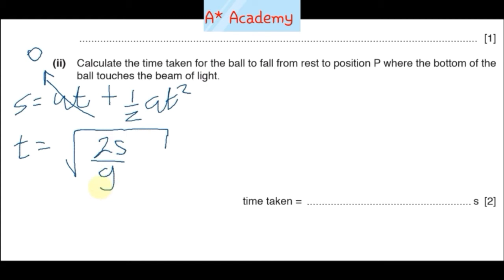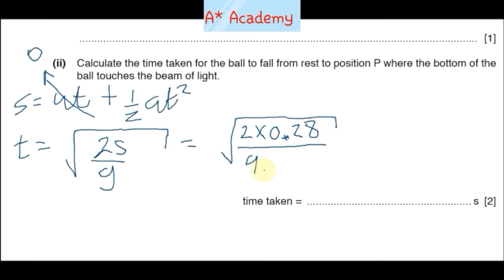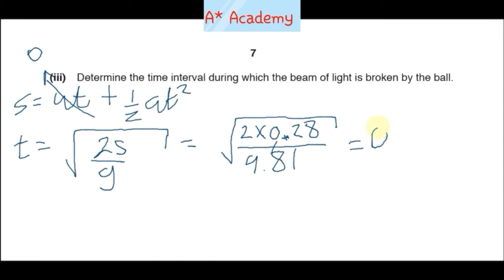That will give us the square root of 2 times 0.28, all over 9.81, and that will simplify to give us 0.23892.